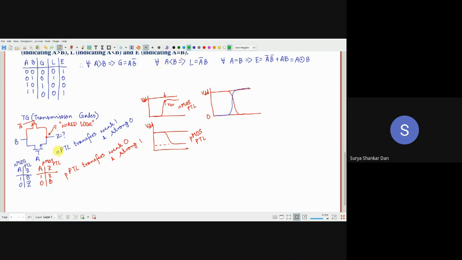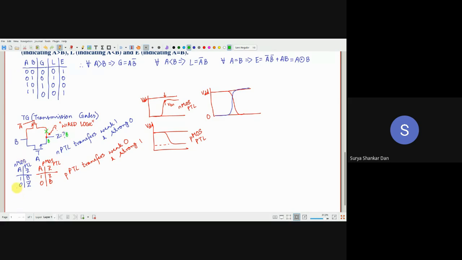When A is 1, this NMOS PTL is going to be on. Okay, so this one you are going to get B. And when A is 1, PMOS क्या होगा? यहाँ पर देखो Z है, so that means this is cut off. यहाँ पर कुछ सिग्नल आएगा ही नहीं. Then Z is going to be B. Cool.